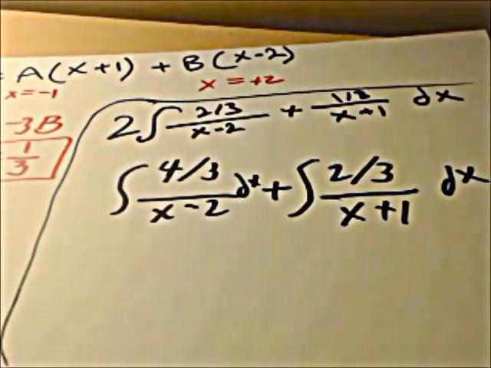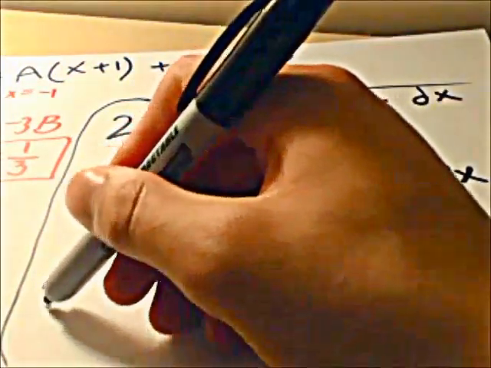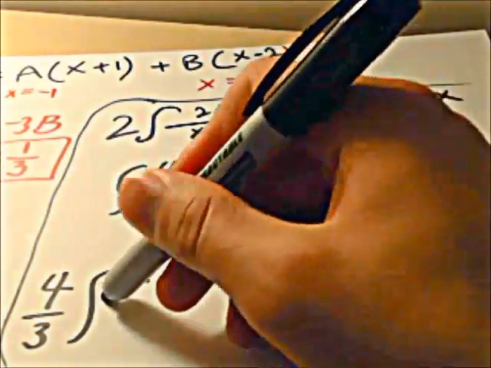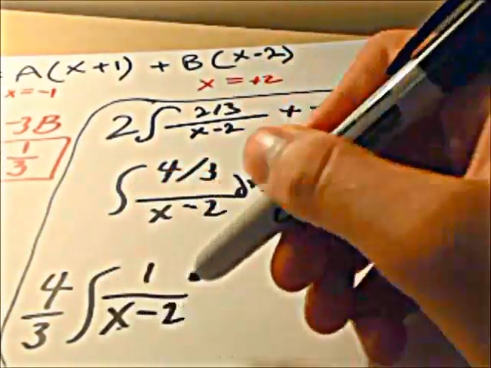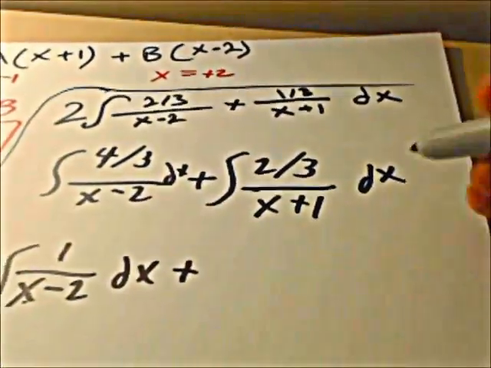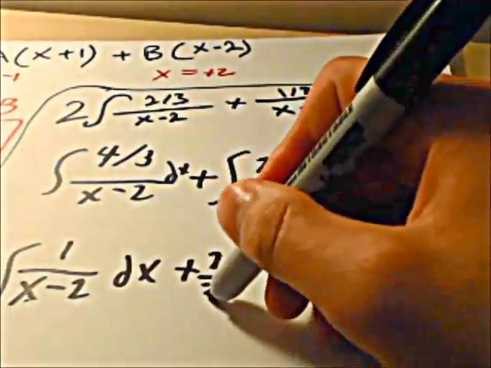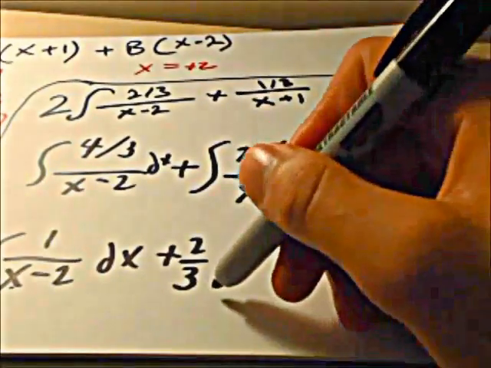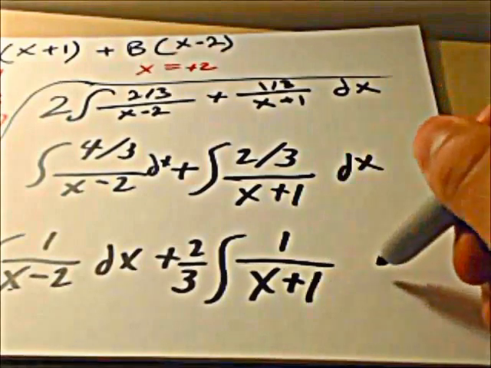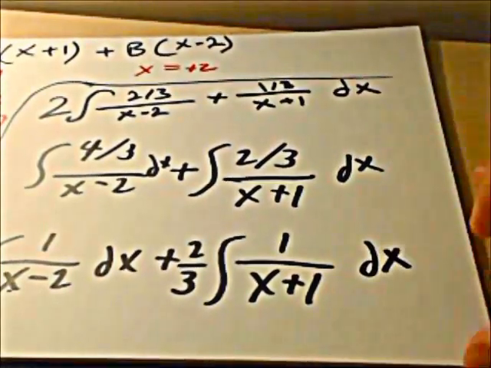The first thing I usually do is pull the constant out. It just looks a lot neater. So 4 over 3 times the integral of 1 over x minus 2 dx, plus, same thing here, pull the 2/3 out, and then the integral of 1 over x plus 1 dx. I'm running out of space.